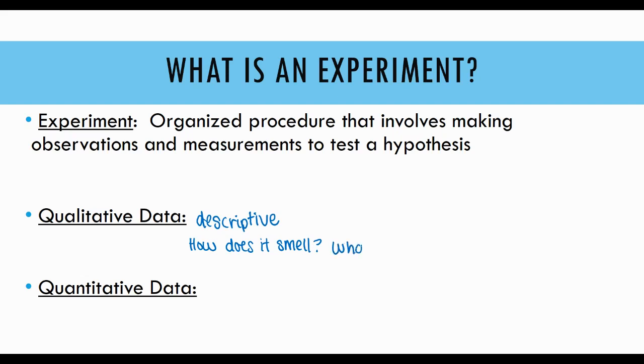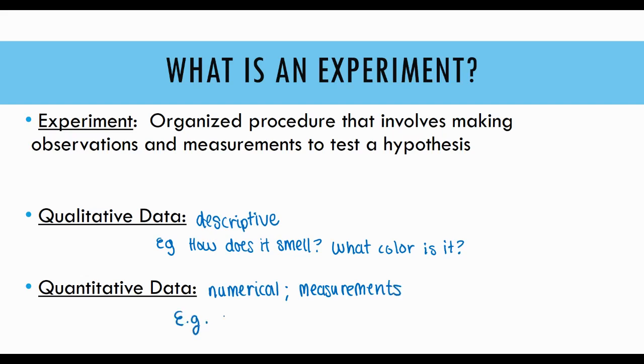What color is it? Those will be some examples of qualitative data. Quantitative data is numerical. So these are measurements. An example here would be getting the mass of the object.